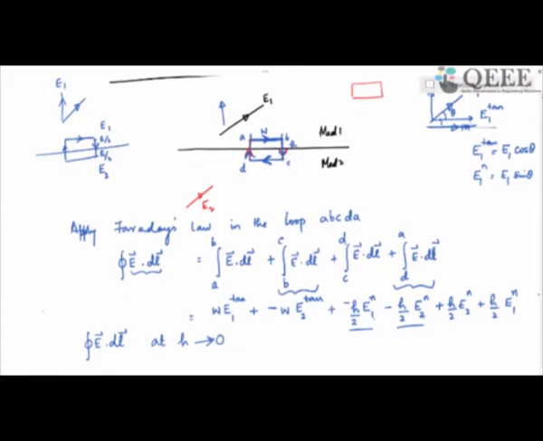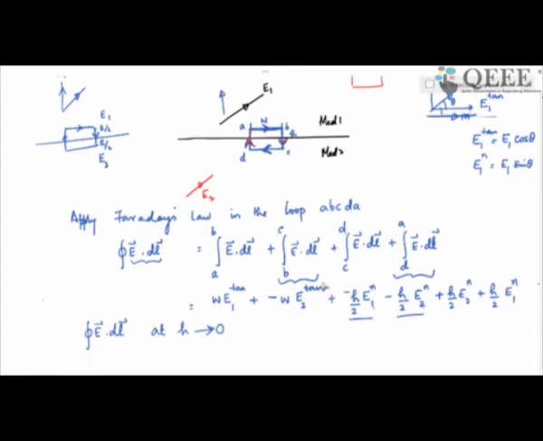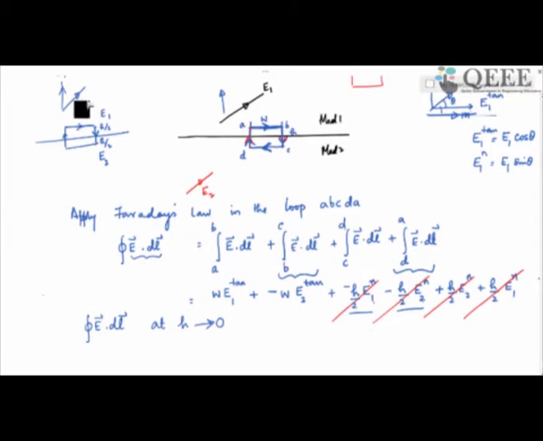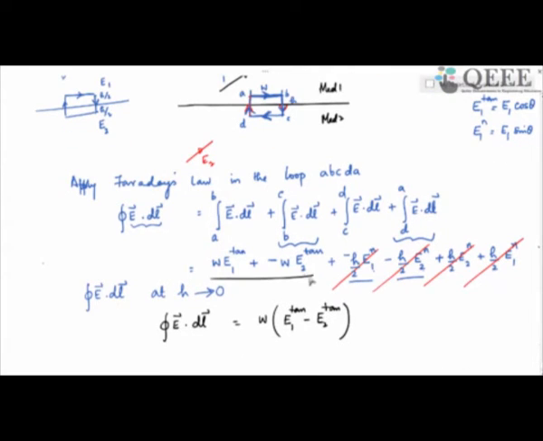So, in the limit as h tends to 0, I will not have these h terms. In that limit, my integral of E dot dl is simply W times (E1 tangential minus E2 tangential). Note that this term did not change because as h tends to 0, it is only the height that got compressed, the width remained the same.